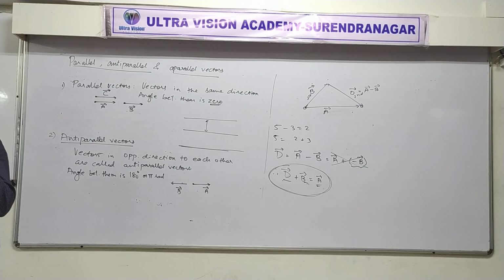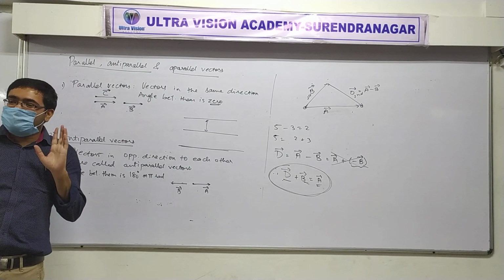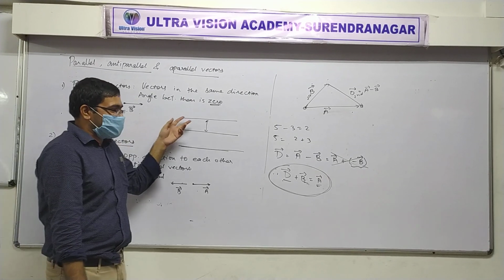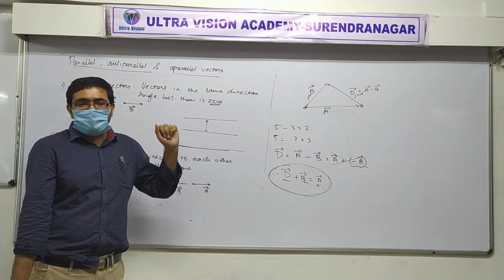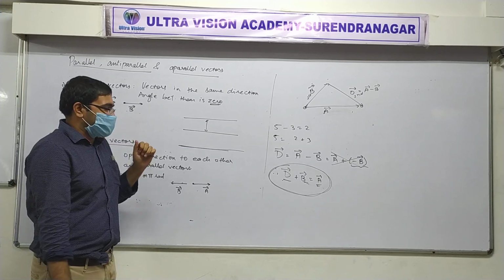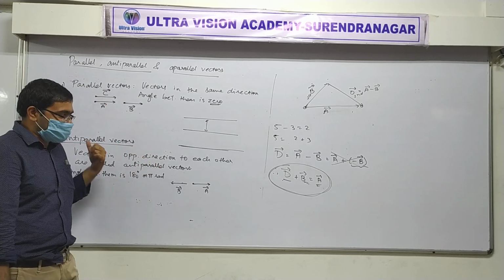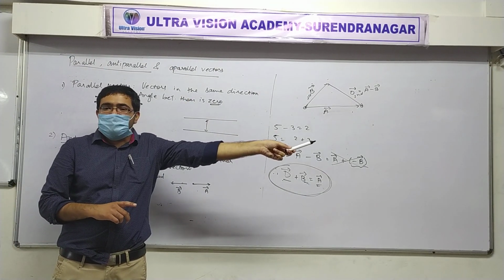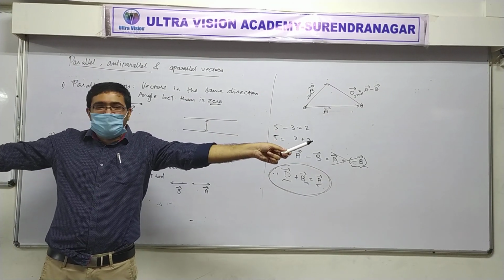Okay. I know some of you will still have a question. Why does 180 come? It should be 0 only. We were taught earlier that if lines are parallel, the angle is 0. But that was for lines. These are vectors. What has happened with vectors? They have two sides. What I mean to say is A vector is on one side and B vector on the opposite side.